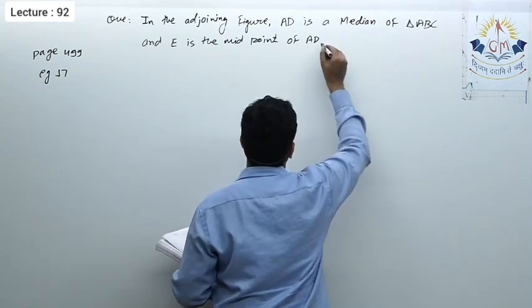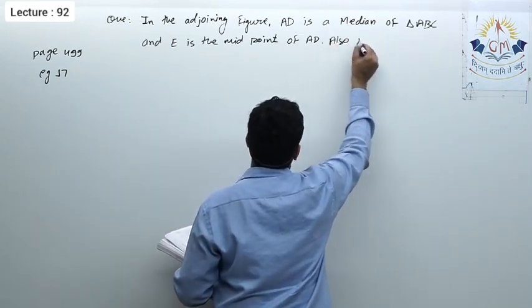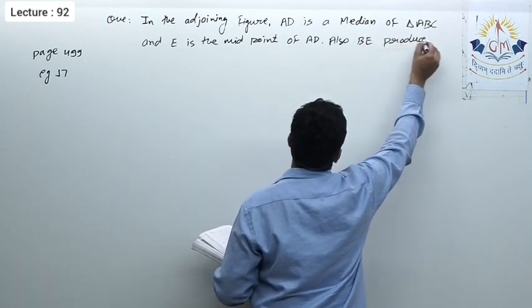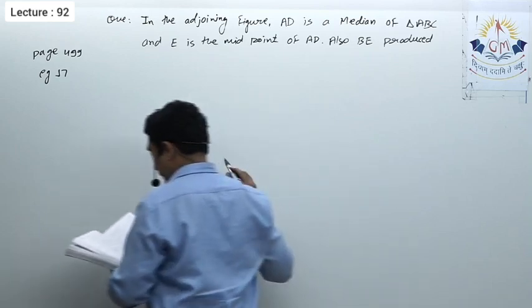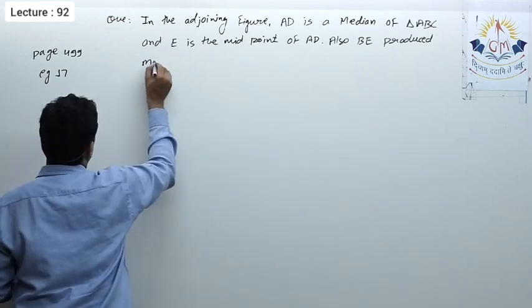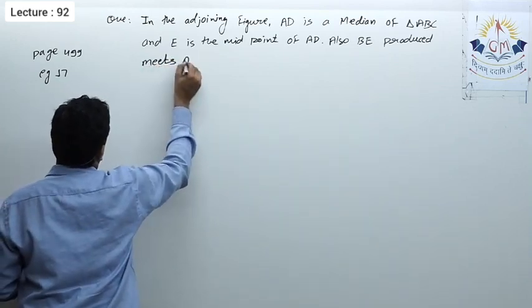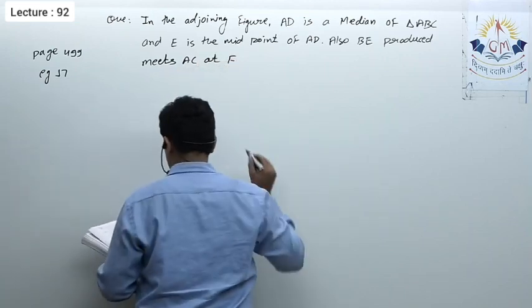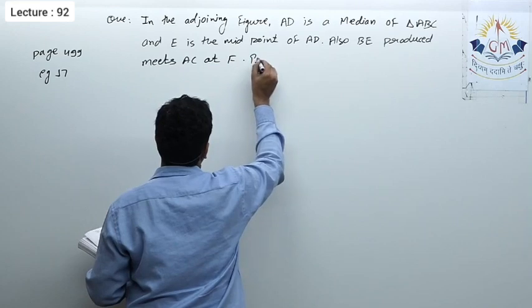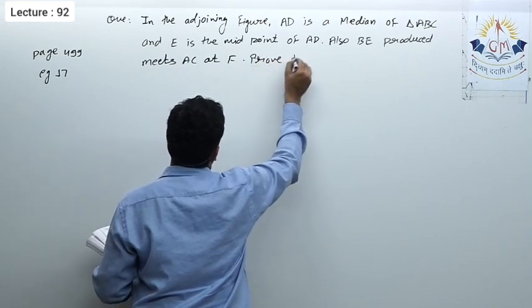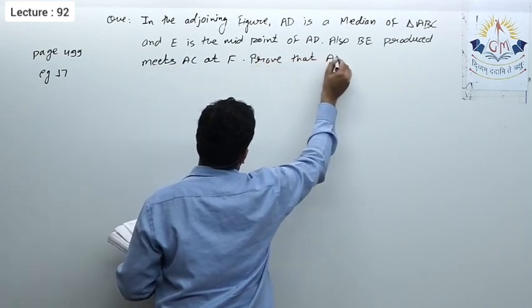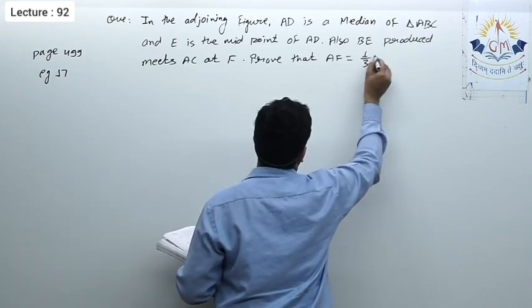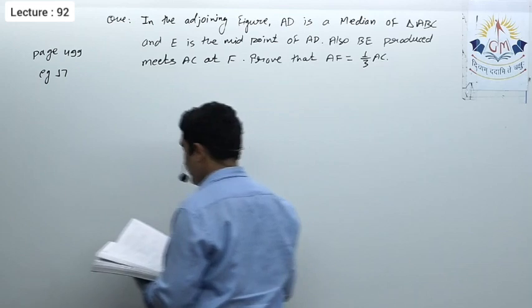So BE produced meets AC at F. Prove that AF is equal to 1/3 of AC, or AC by 3.